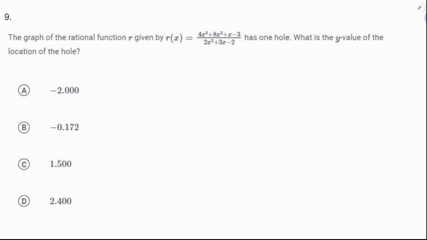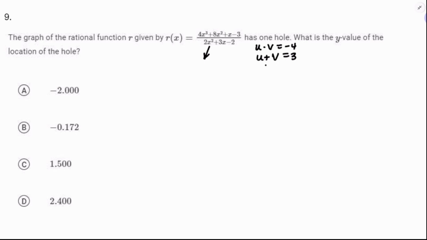Oh, that's very interesting. I hadn't looked at this problem closely. All right, first thing I'm going to do is factor out the denominator. Okay, so I'm going to say 2 times -2 is -4, two numbers that multiply to -4 while adding to 3. Okay, that should be it. That's going to be somehow 4 and 1, right?